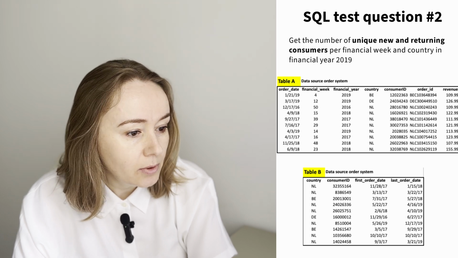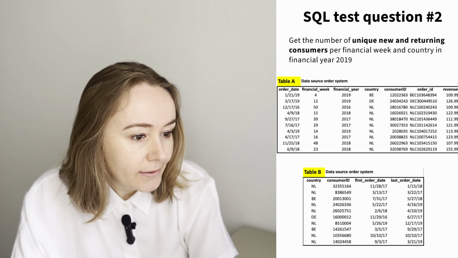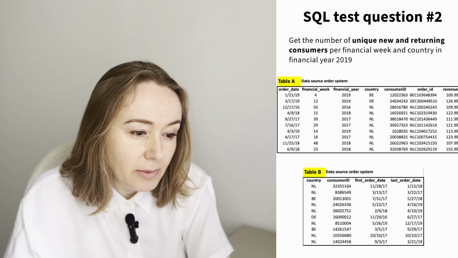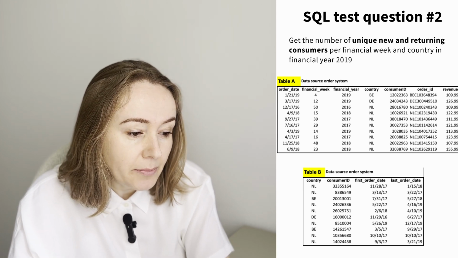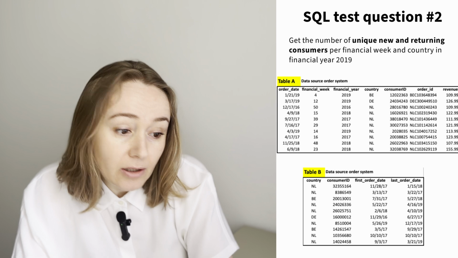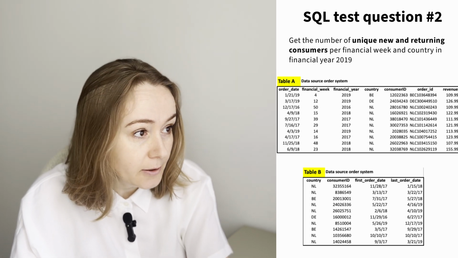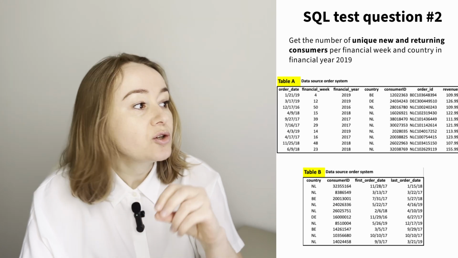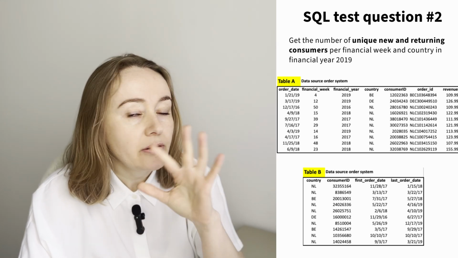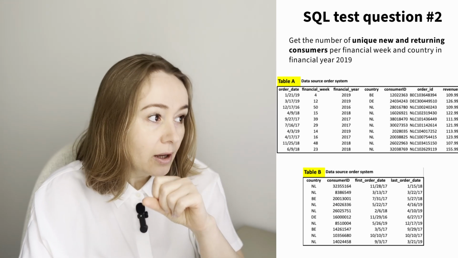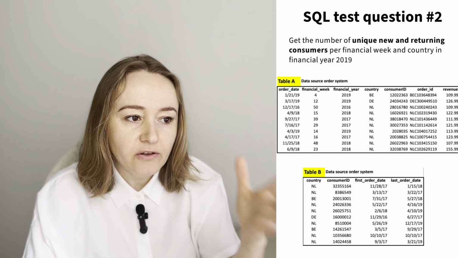And then table B, data source order system. I guess this has something to do with the dates, and you can see there's a first order date, last order date, and consumer ID. Okay, so the goal here was to categorize consumers as either new or returning within a specific financial year, 2019.